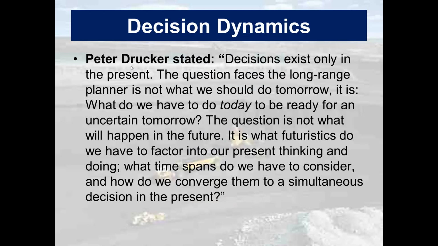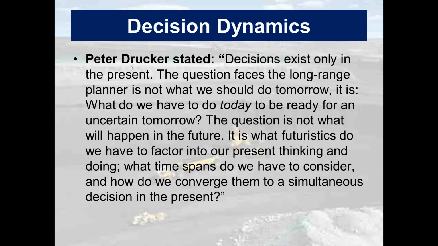Anyone who has ever heard of Peter Drucker knows he was one of the foremost management gurus of the 20th century. Peter Drucker stated, "Decisions exist only in the present. The question facing the long-range planner is not what we should do tomorrow. It is, what do we have to do today to be ready for an uncertain tomorrow?